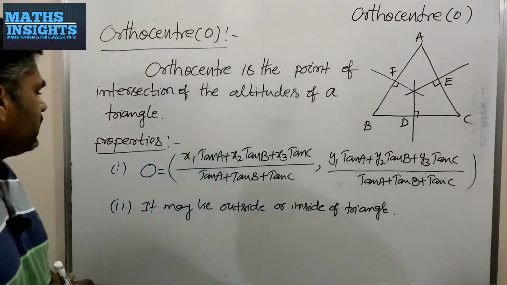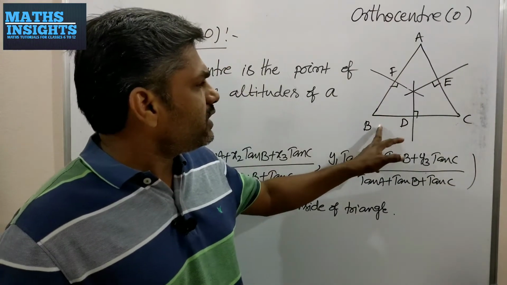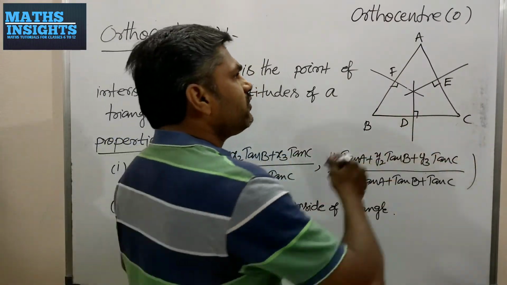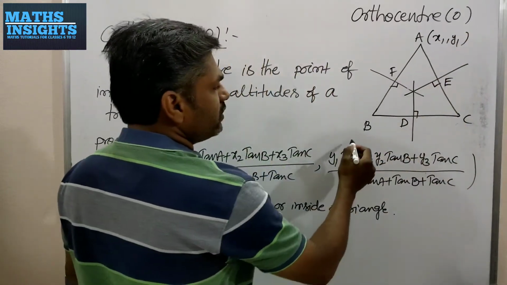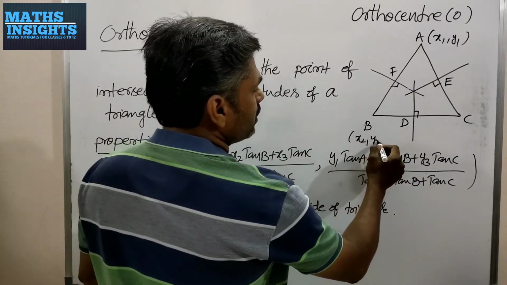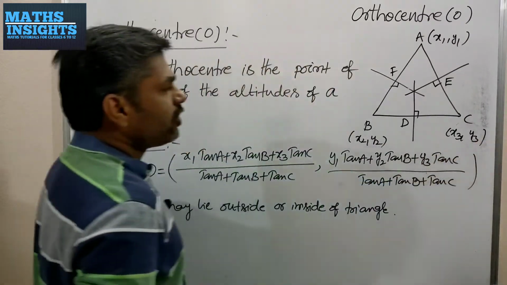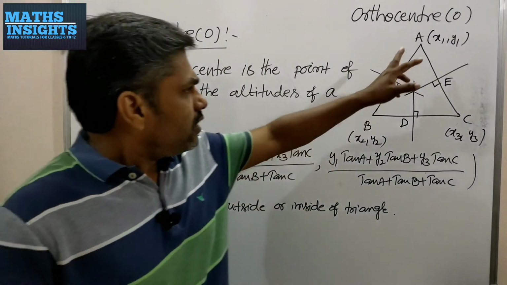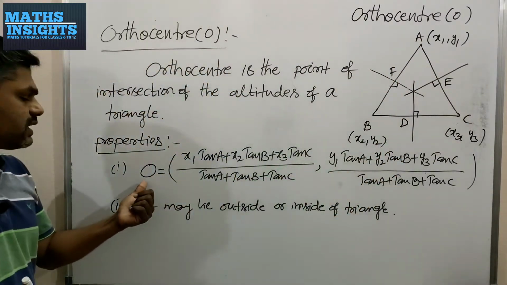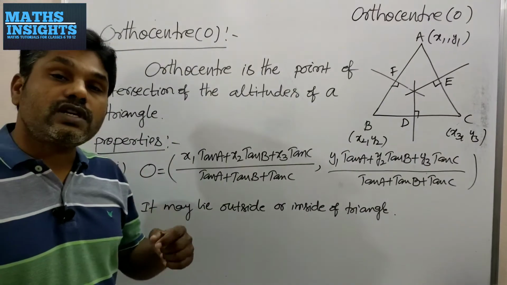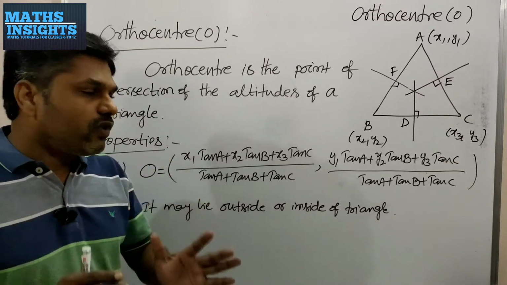Coming to the properties, if they have given angle A, angle B, angle C along with their vertices, let the vertices be x1, y1, x2, y2, and x3, y3, then you may calculate the orthocenter. The orthocenter is also a point, so it will have an x coordinate and a y coordinate.